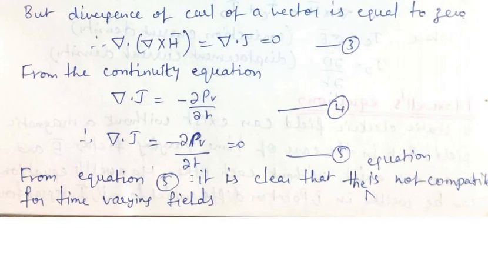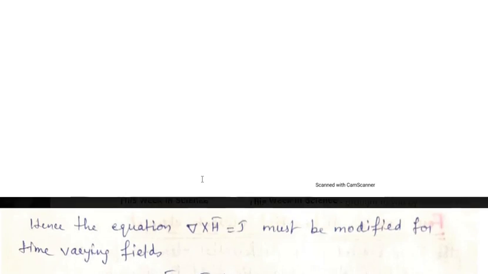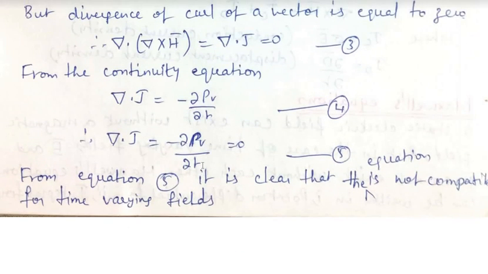Now if you see this equation, we can observe that it is not compatible for time varying fields. So what does this mean? If you see this dou by dou T of rho V, here rho V is the volume charge. If the volume charge is not time varying, here we are getting it equal to 0.